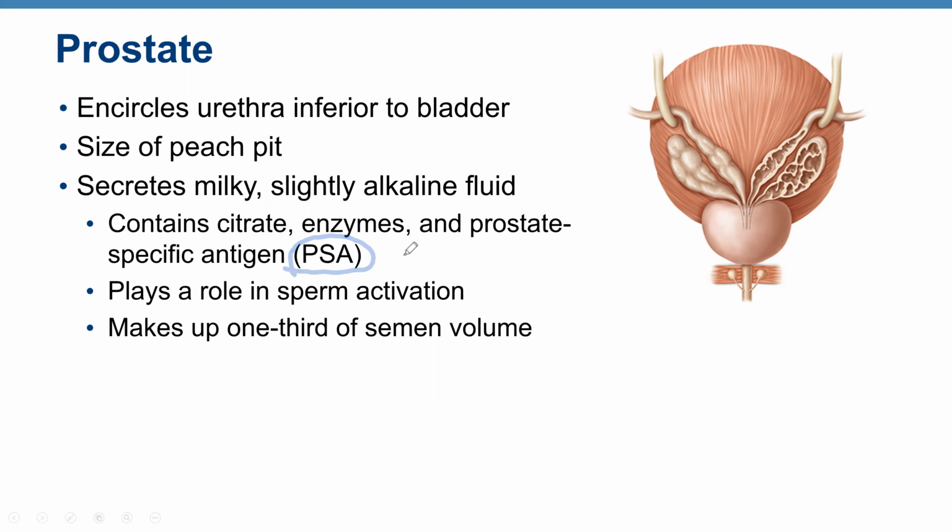This antigen is very important in fertility of the male, and the amount of this antigen in the blood serum can be an indicator of either prostate cancer or an enlarged prostate gland. The prostate gland plays a role in sperm activation and makes up 1/3 of semen volume. And 2/3 of semen volume is made by the seminal vesicles.